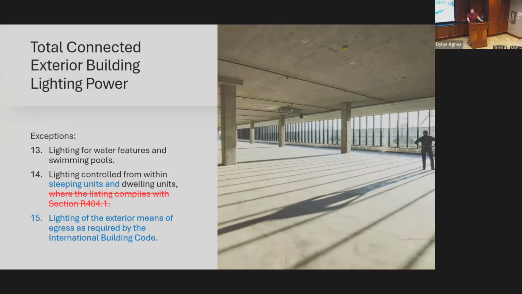Lighting for sleeping units and dwelling units are getting their own section, so you don't have to go constantly back to the residential one anymore. Lighting of the exterior means of egress as required by the International Building Code: the energy code is punting that one and saying, just do what they do. It's good enough.